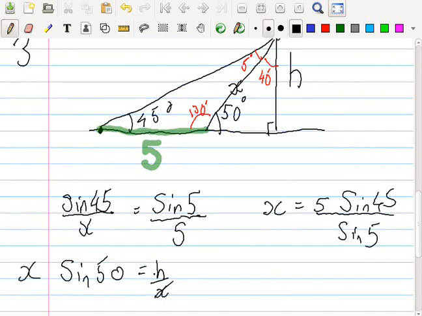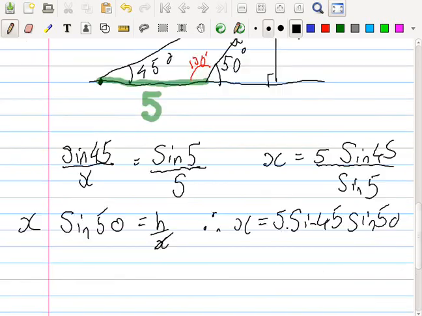So h is just x times sine 50, right? So therefore, h equals 5 sine 45 sine 50 all over sine 5. Now I can get it exact.